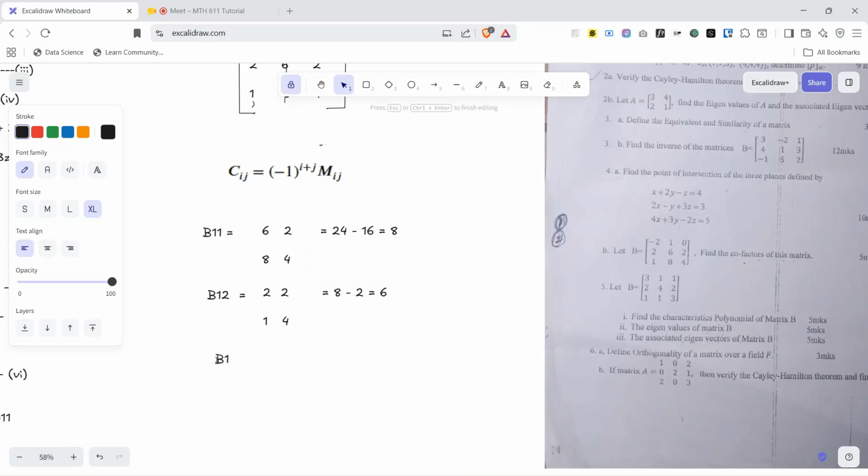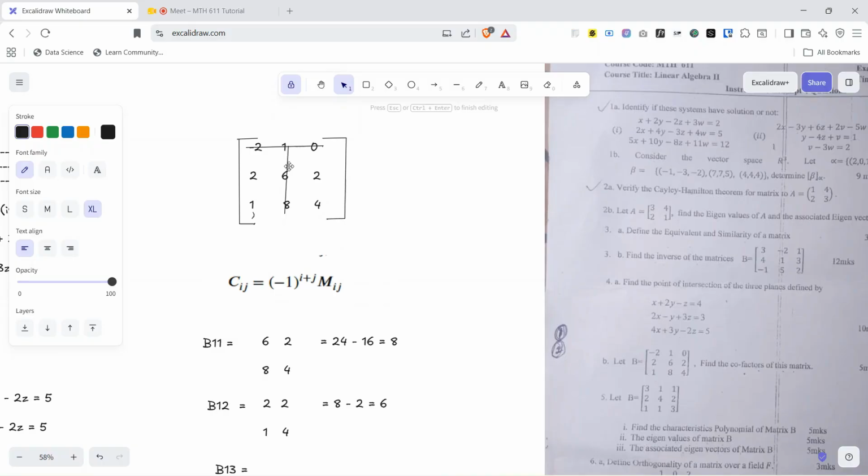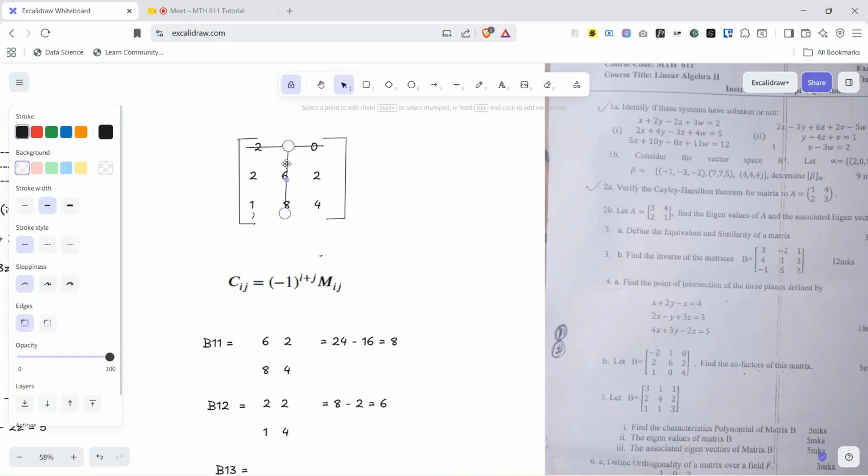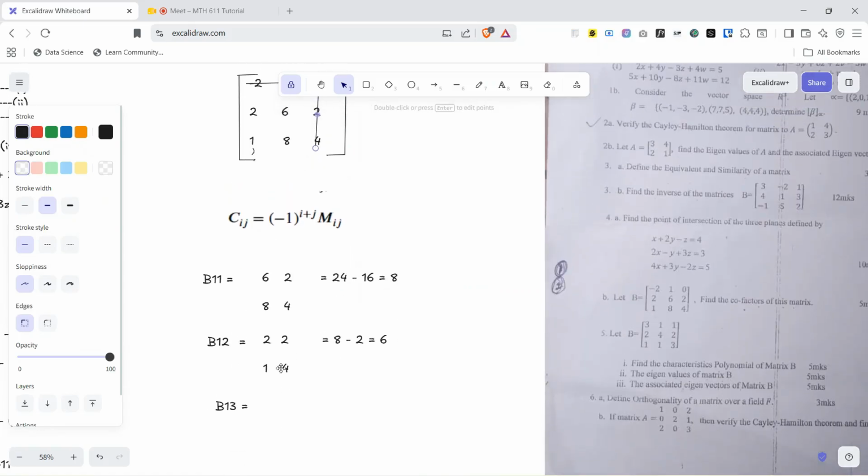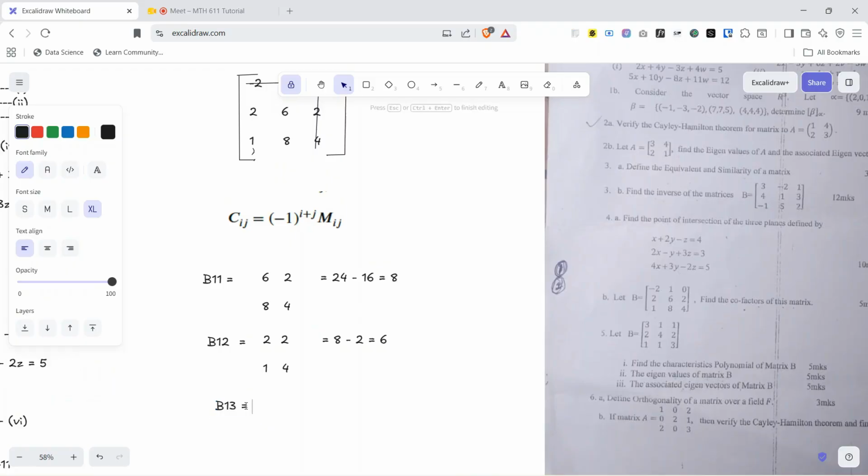Then B13. B13 would be equal to 2, 6, 1, 8, which is 2 times 8, 16, minus 6.